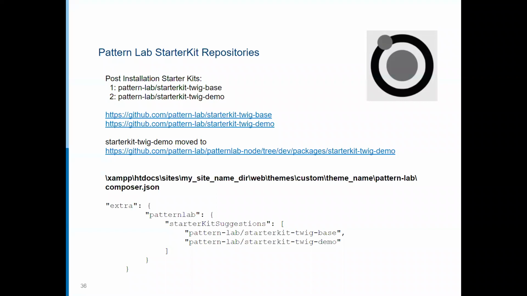And then also, just know that if you want to look through the code, the Pattern Lab starter kit repositories are located here. And the previous version of Emulsify references these two starter kit repositories, but one of the repositories right here, the starter kit twig demo itself from Pattern Lab, has been deprecated and has been moved to a new location.